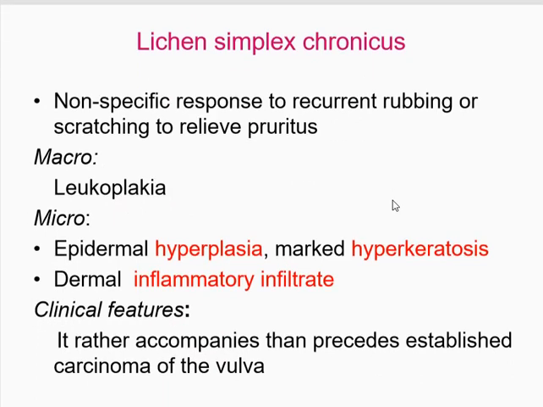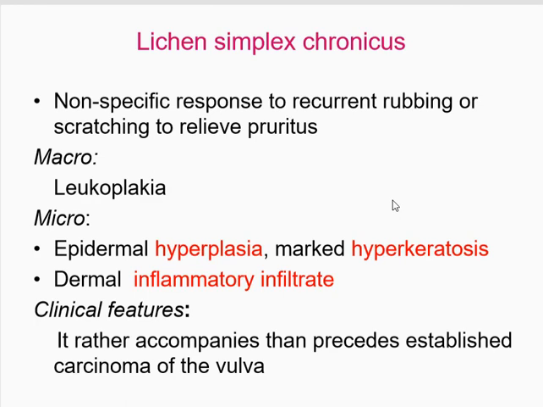The other type, lichen simplex, is a non-specific reaction of the body, which is a response to recurrent rubbing or scratching to relieve pruritus. Pruritus is a common symptom of vulvar disease, and scratching to relieve pruritus leads most often to lichen simplex.